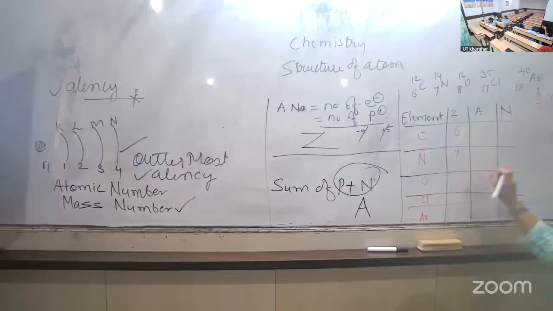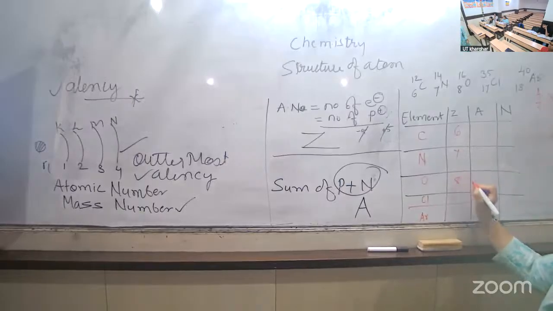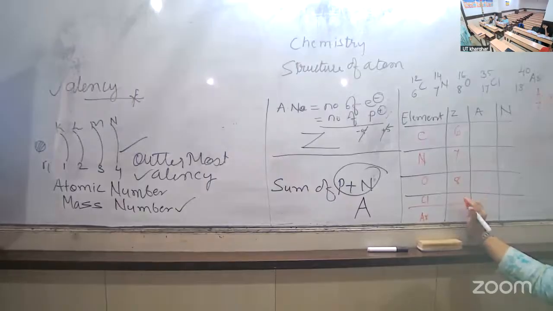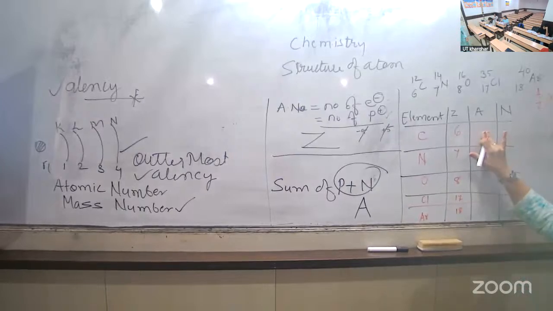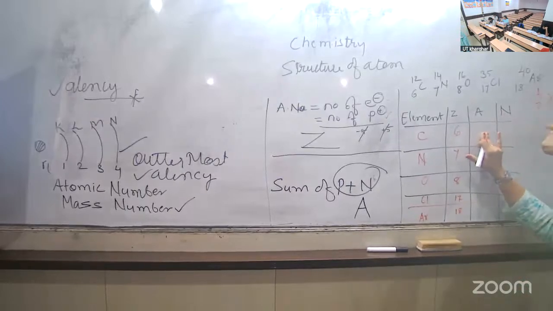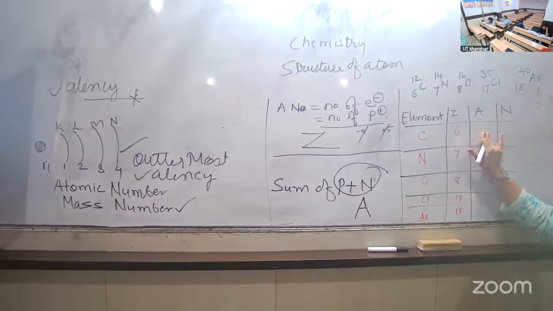8. A and Z, ABCD, from top to bottom A is mass number, Z is atomic number. Okay, here 8, then next here Cl 17, then argon 18. Then value of A, this value you will directly copy from the top. Nothing to do.